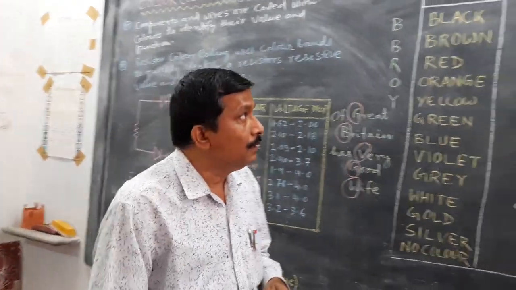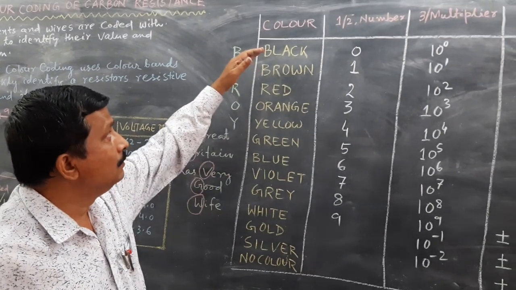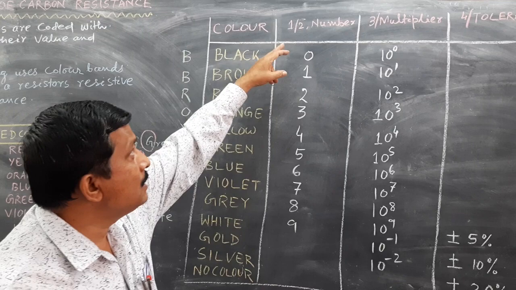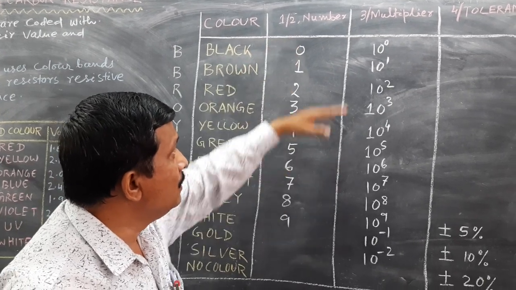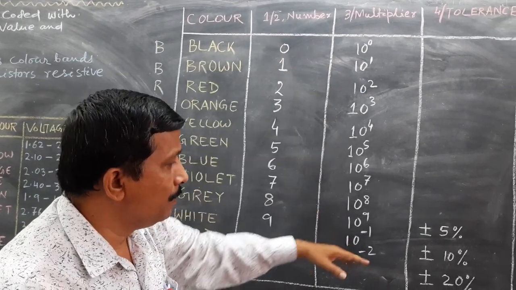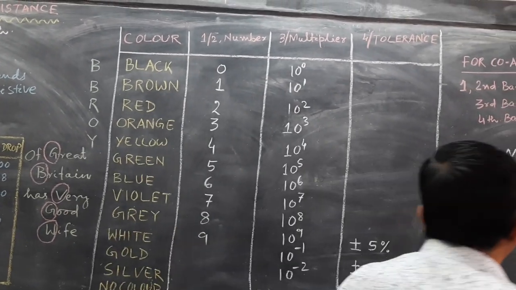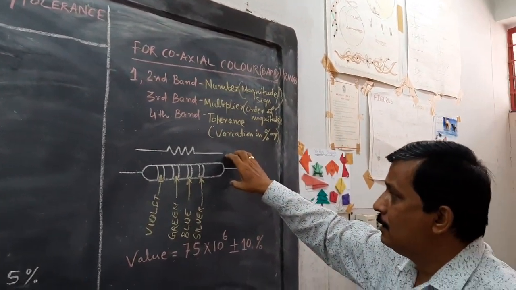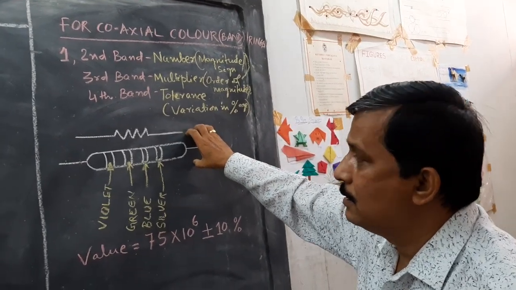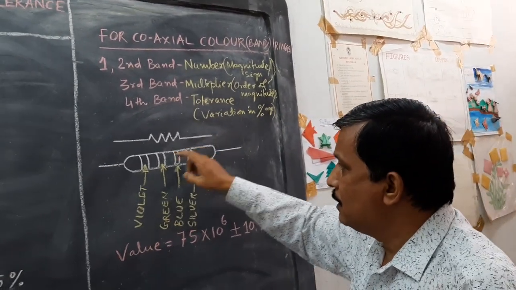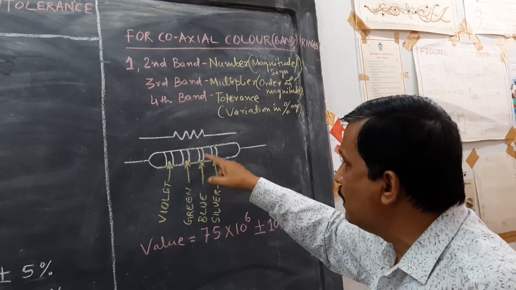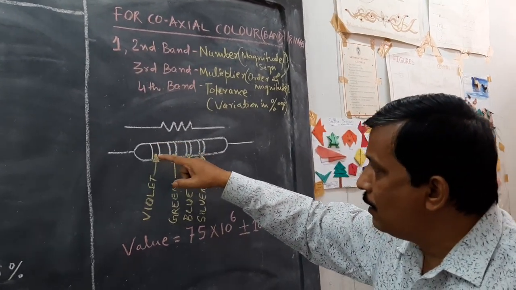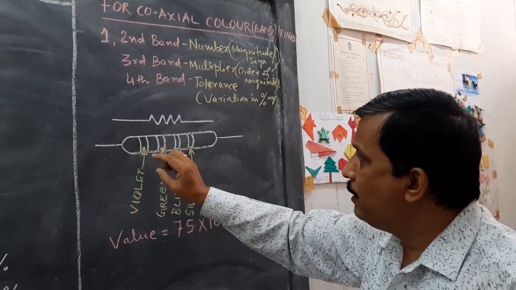See again, here I have taken different colors, and this is the first and second number, then this is the third, the multiplier. Suppose this is a color resistance or carbon resistance, and these are different bands or rings.